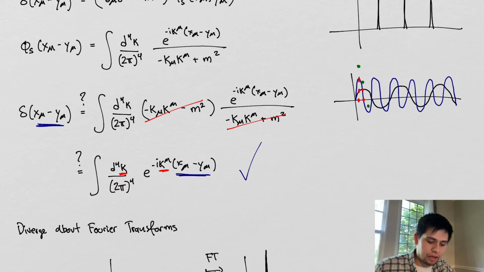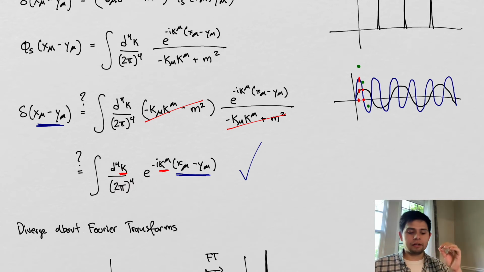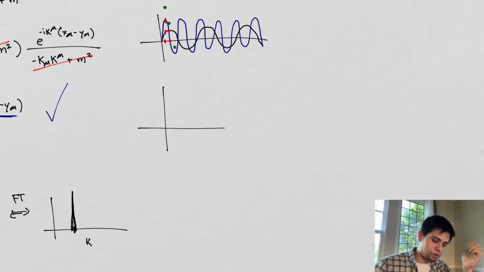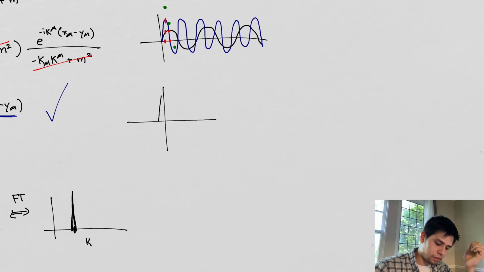And we're adding all of them up so that in some areas they'll constructively interfere, and in other areas they'll destructively interfere. What you can end up getting are extremely localized peaks, where you can construct something that looks like this.